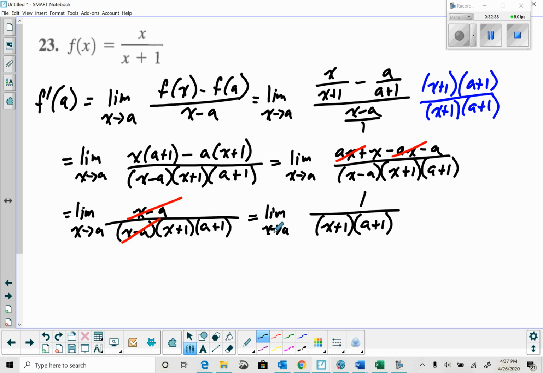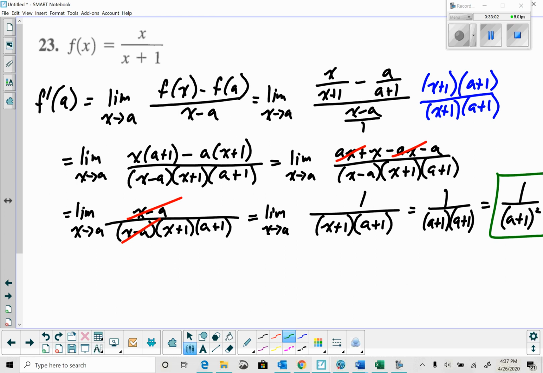And now if we apply our limit as x approaches a, this becomes 1 over a plus 1 times a plus 1. Well, wait a minute, we probably should simplify that into the shortest form possible. 1 over a plus 1, the quantity squared.